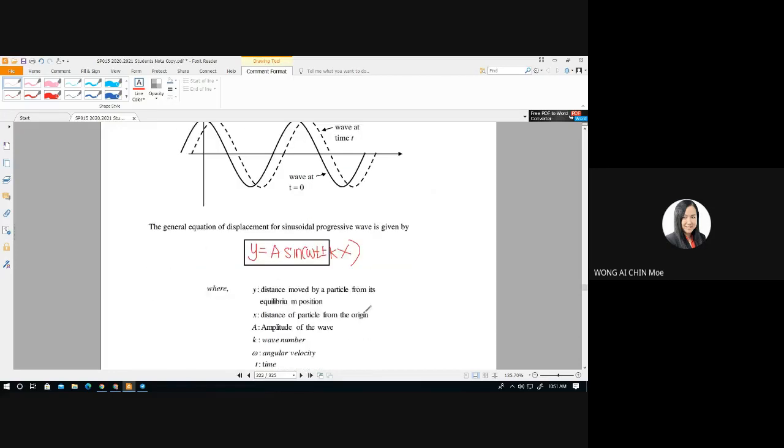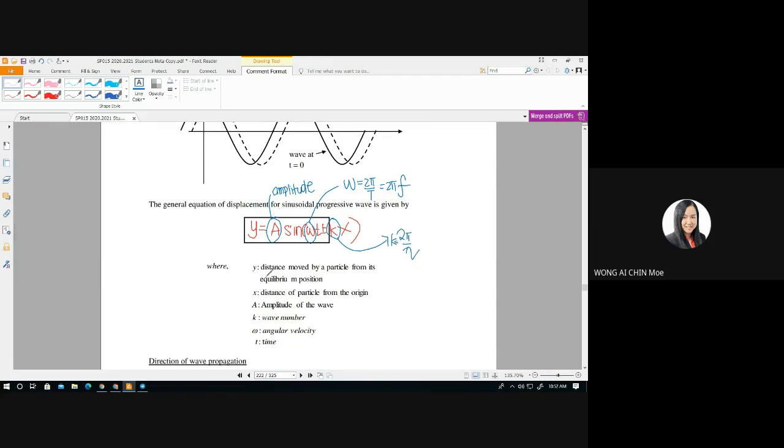This is the general equation that we use to solve the questions for progressive waves, where A is the amplitude, omega is the angular frequency, which we can find using 2 pi over T or 2 pi f, and k is the wave number, where k equals 2 pi over lambda. So these are all the equations given.